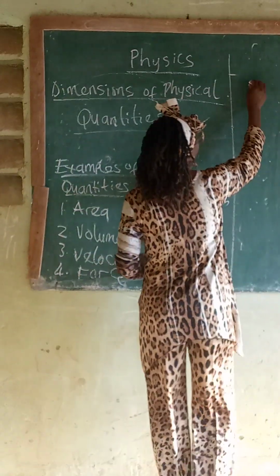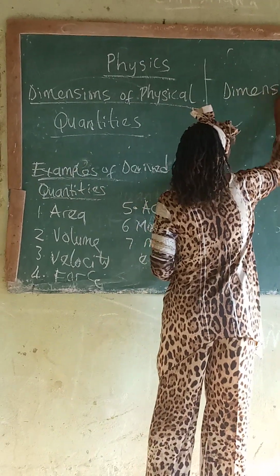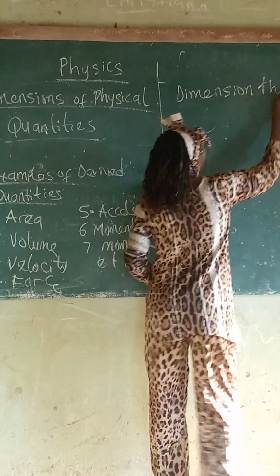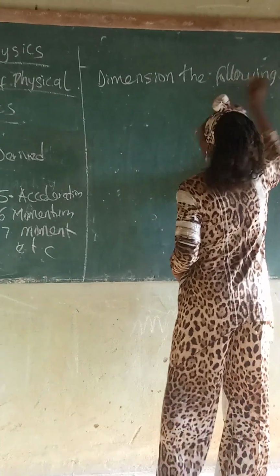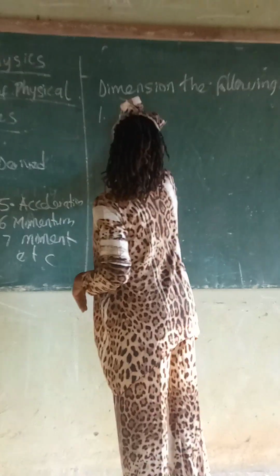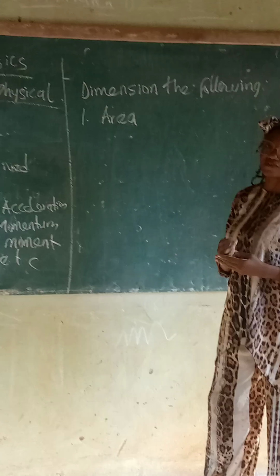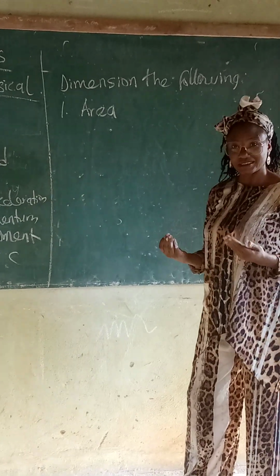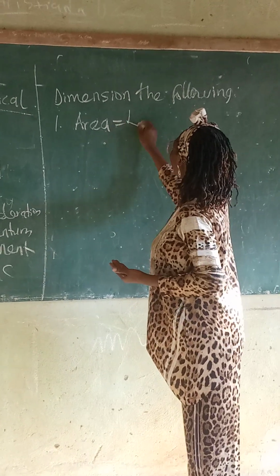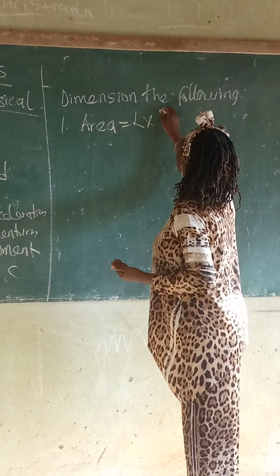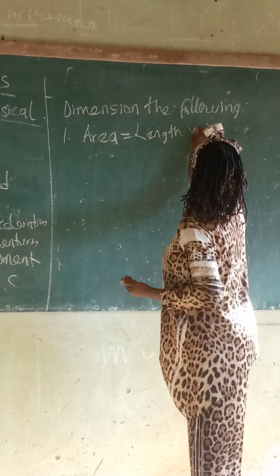Let's try number 1, dimensioning the following. We have 1, area. Let's start with the formula method. We know area is simply length times breadth.